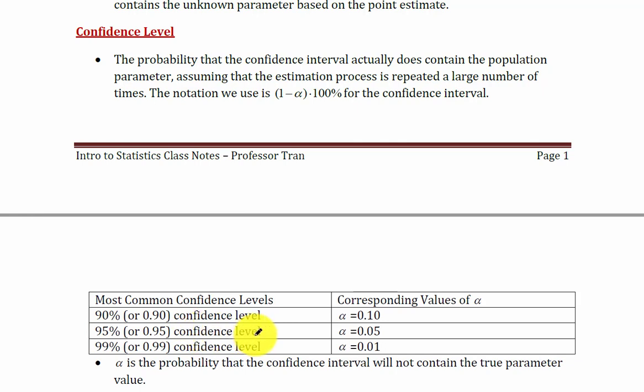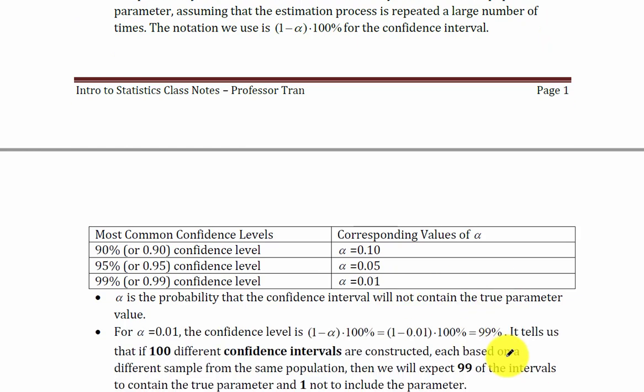For a 95% confidence level, the other 5% will not contain the true parameter, so alpha should be 0.05. And 99% is the same thing, the other 1% or 0.01 for alpha will not contain the true parameter.